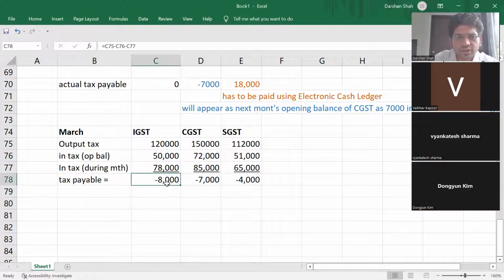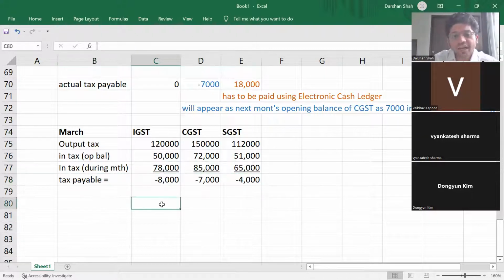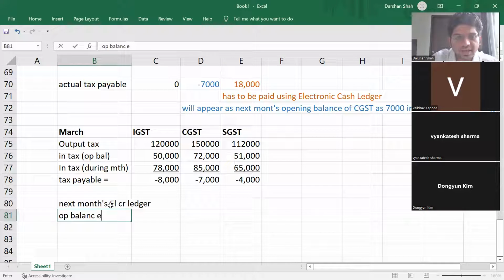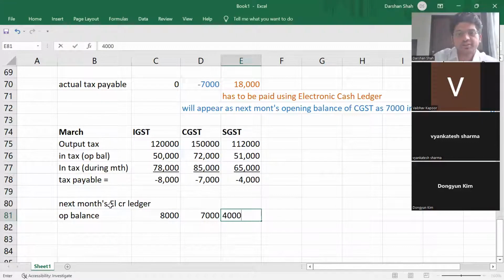So in this case, it cannot be paid further. All my payments are done and still I have a negative tax balance, which means I have a credit. So my next month's electronic credit ledger will show opening balance as follows: IGST positive 8,000, CGST positive 7,000, and 4,000 positive balance.